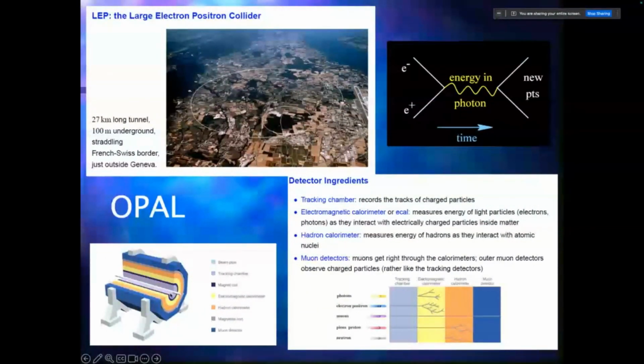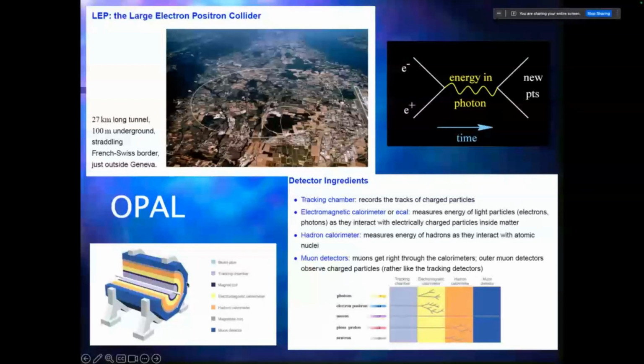We have different layers which have different roles in terms of how they interact with the particles produced at the interaction point, such that we can try to identify the type of particle that passed through the detector, depending on how it interacted with the detector.